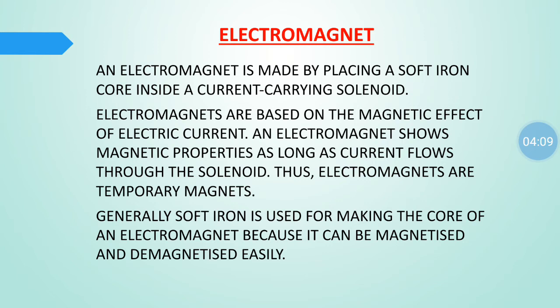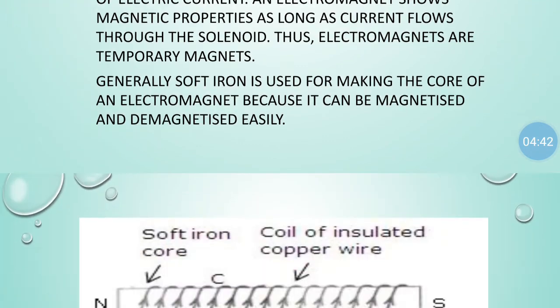An electromagnet shows magnetic properties as long as current flows through the solenoid, and as the current is switched off, it loses its magnetic properties. Thus, we can say that electromagnets are temporary magnets. Generally, soft iron is used for making the core of an electromagnet because it can be easily magnetized and demagnetized.